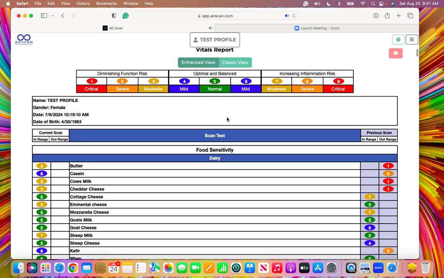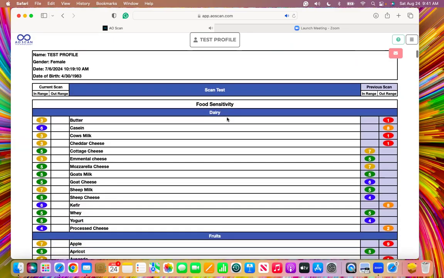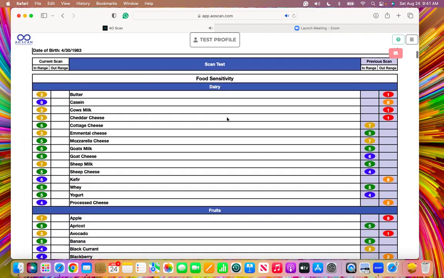So, what are some of the things that I would typically look for in the vitals report? Obviously, a lot of categories are going to be in the dairy. People who have done a lot of my online curriculum or mentorship with me always hear me talk about how we need to look at things in groups and pairs. If we look at this category of dairy, there are quite a few markers.